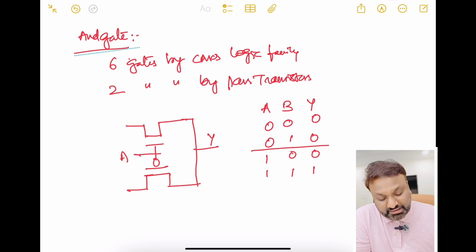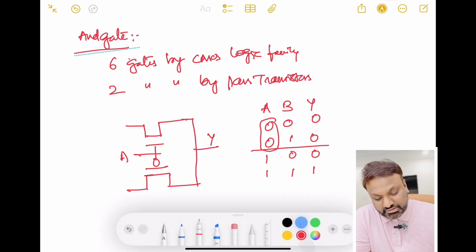Here, whenever A is equal to 0, this particular transistor, the PMOS, will be on. For A equal to 0, PMOS is on.